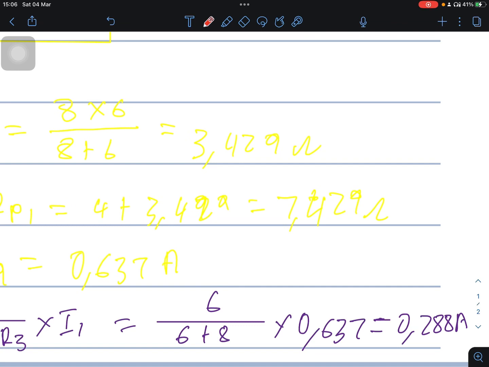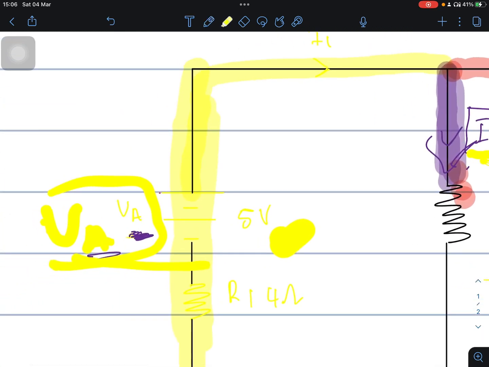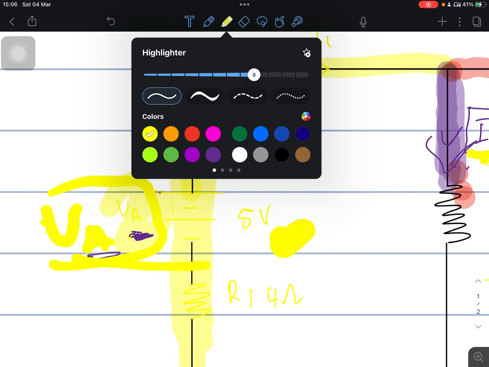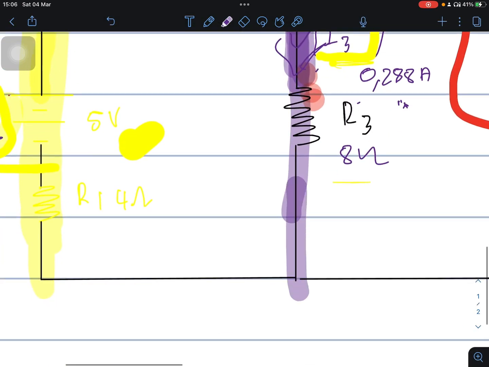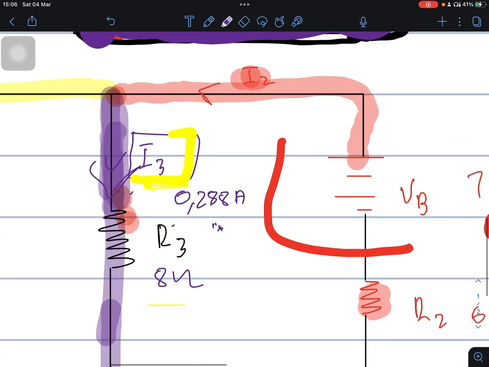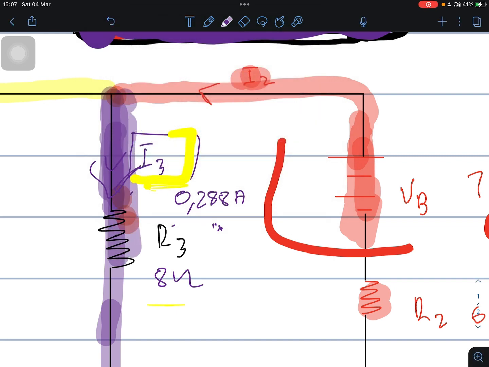Now that you have determined the contribution of source A to this branch current, we now have to determine the contribution of source B, so that we know the total current in this branch.